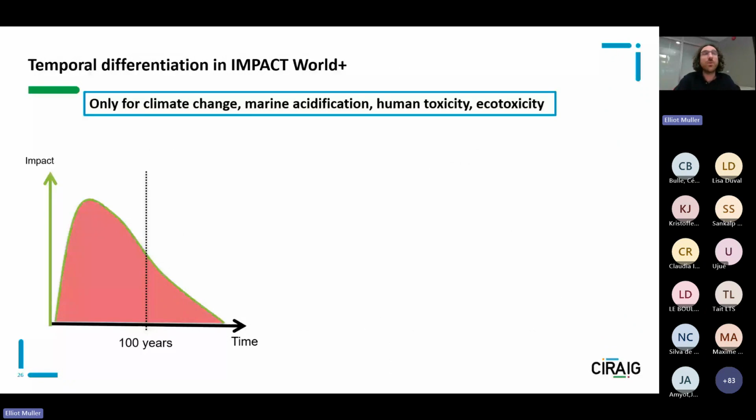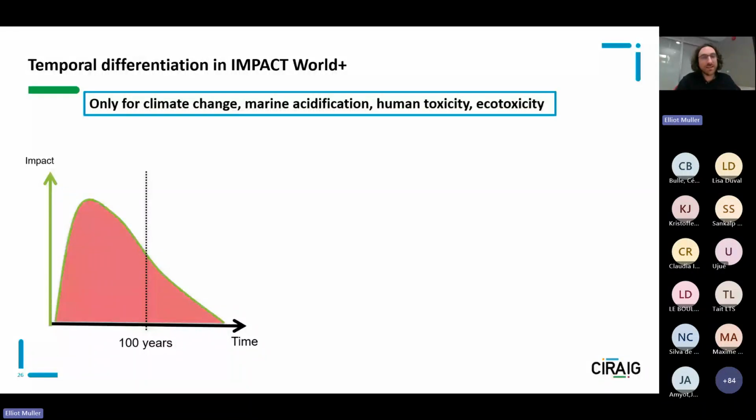So how did we operationalize that in Impact Calculus? So for the main categories, the main impacts that have impacts at the shorter term level and at the longer term level, namely climate change, marine acidification, human toxicity, and ecotoxicity, we developed different indicators according to whether they represented the impact at the shorter term or the longer term.